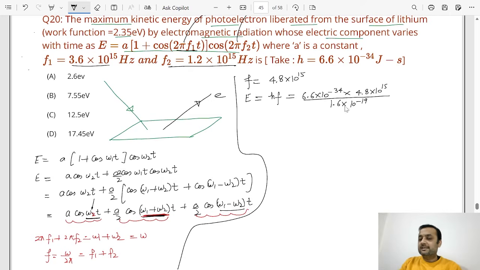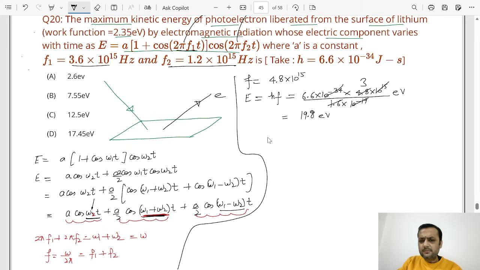Now the powers of 10 get cancelled completely. 16 into 3 becomes 48, and 6.6 into 3 will be 19.8, I guess.